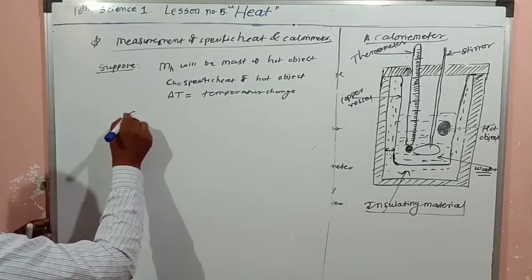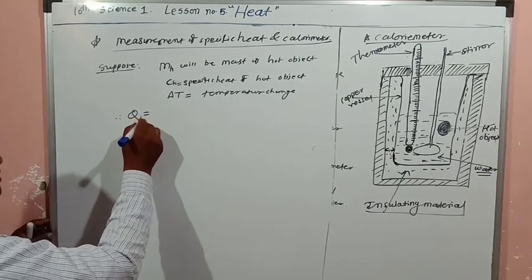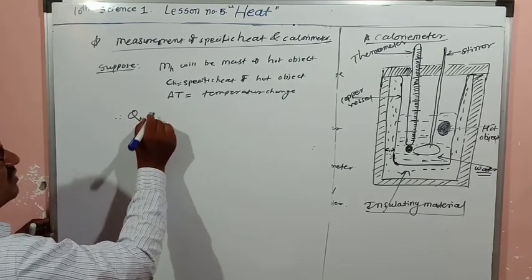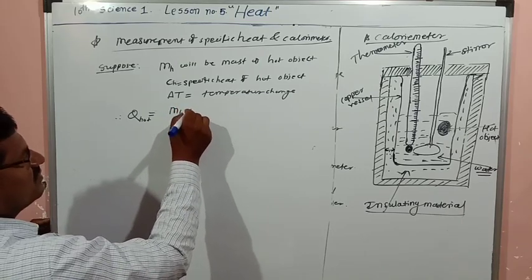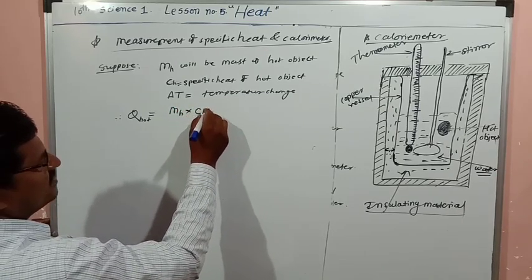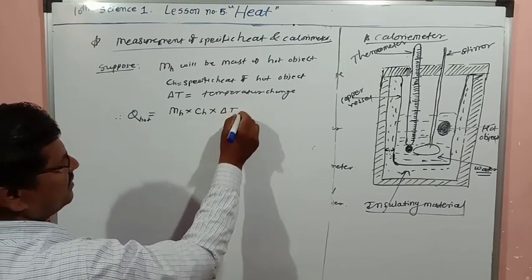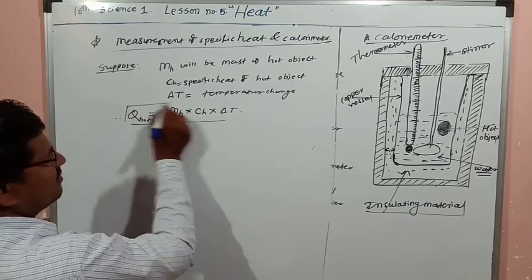Therefore the total energy Q is equal to Q hot, is equal to mH multiplied by CH multiplied by delta T. Suppose this is equation number 1.